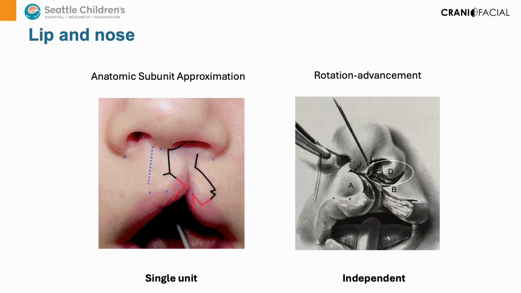There are some important details and differences to other repairs. The first is that with the anatomic subunit approach, the alar base and the upper lip are dealt with as a single unit, whereas with other repairs, they may be separated into 2 different components.